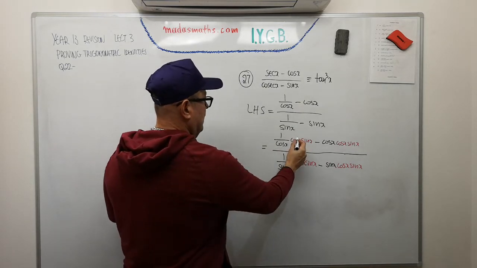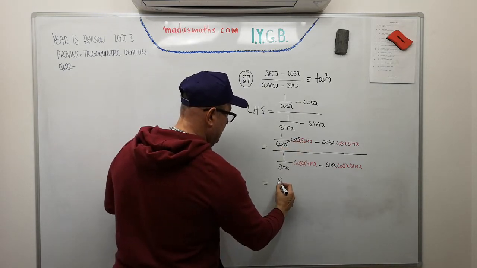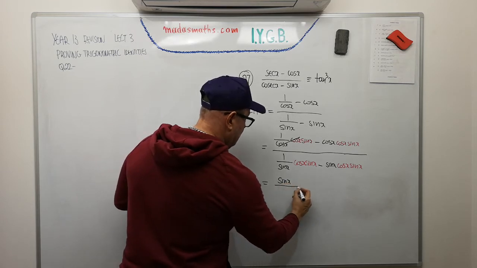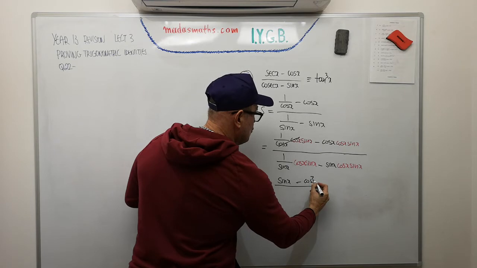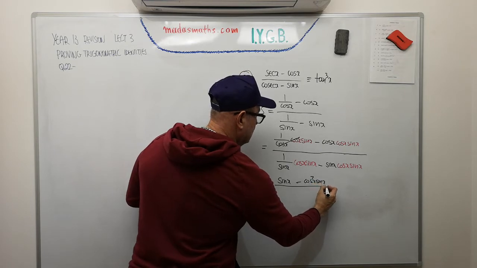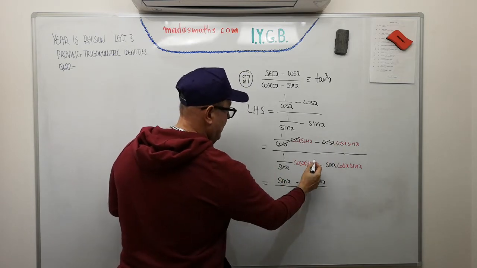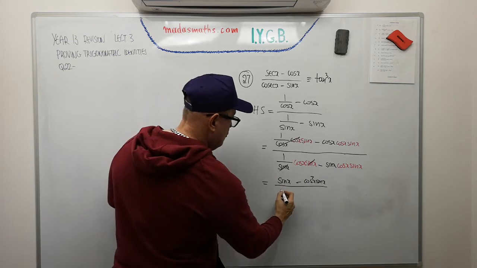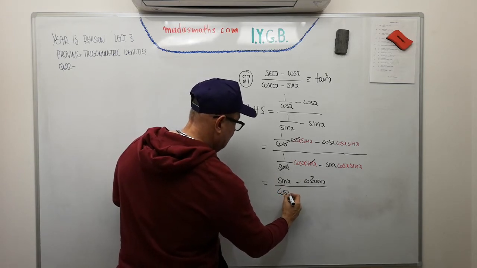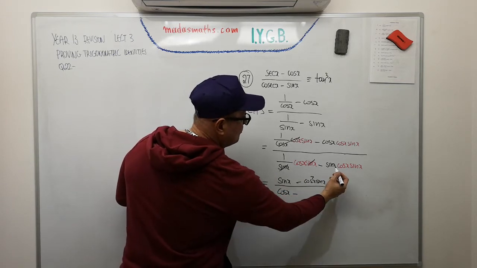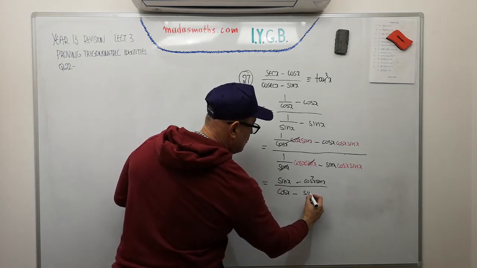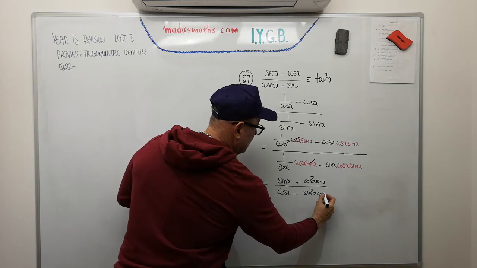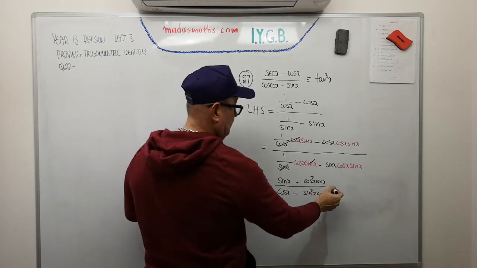Why I've done that is because I'm going to get sine x minus cos squared x sine x from this term here. There I'm going to lose the sines, so I'm going to get a cos of x minus sine squared x cos of x, so sine squared cos of x.